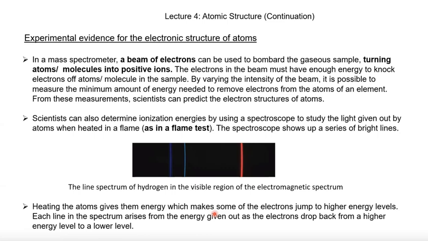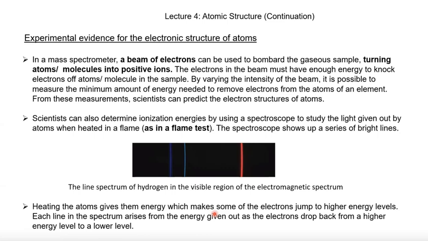These electrons in the beam must have enough energy to knock electrons off atoms and molecules. But if we vary the intensity of the beam, it is possible to measure the minimum amount of energy needed to remove electrons from the atom of an element. From these measurements, scientists can predict the electronic structure of atoms.